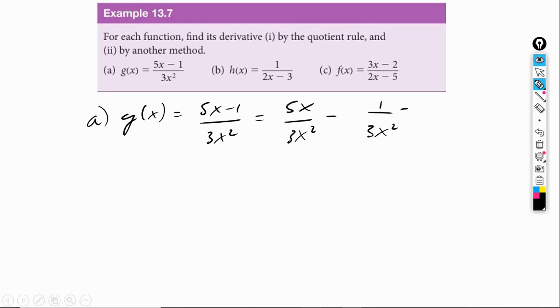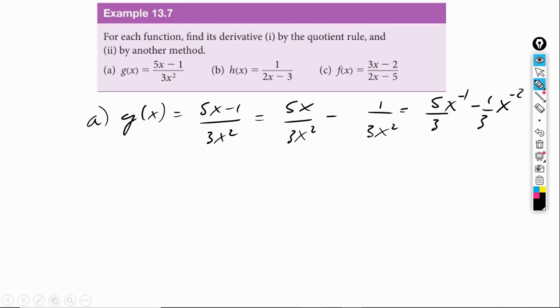Then I can rewrite this as 5 thirds x to the minus 1 minus 1/3 x to the negative 2. And then I can just use the power rule on these individual terms.